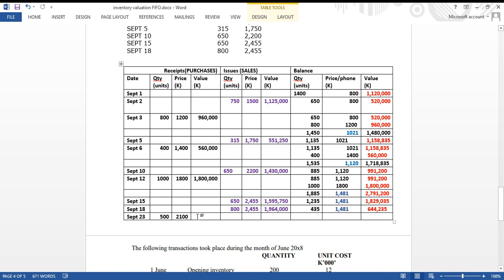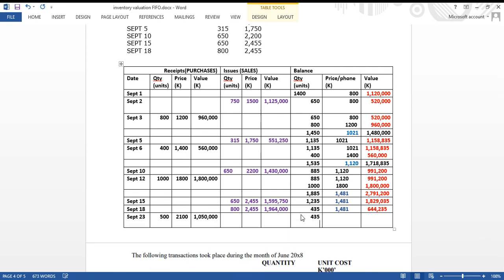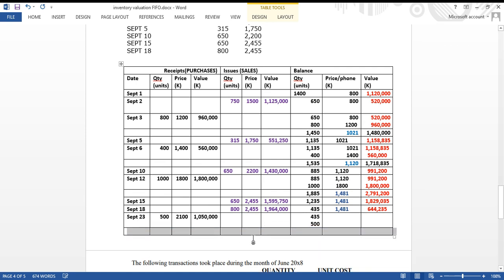All right. Let me just tabulate the amount, then we calculate the average cost. So here we have to total up the number of units we have. 500 plus 435, we have 935 units.